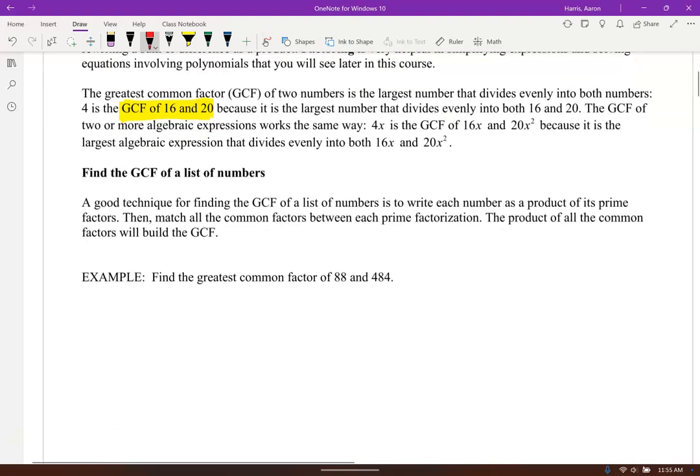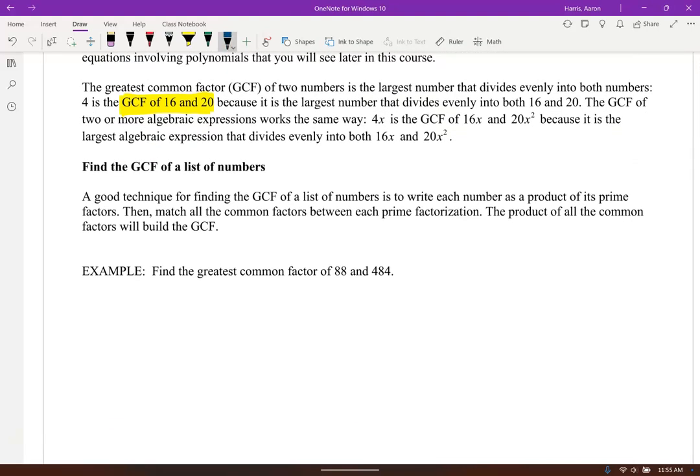Well, this gets kind of tricky when you have big numbers. Like, what's the GCF of 88 and 484? You're probably like me, and you're like, I have no clue, and I don't really care to list every factor. It's going to take me forever.